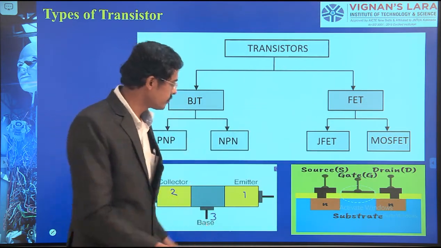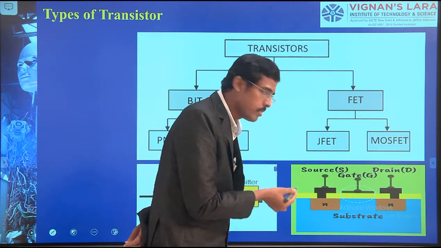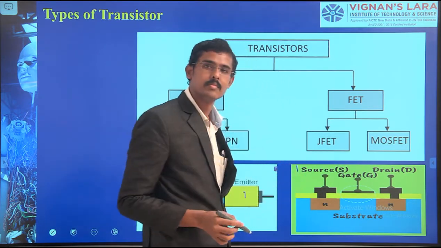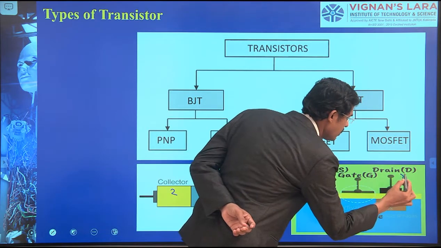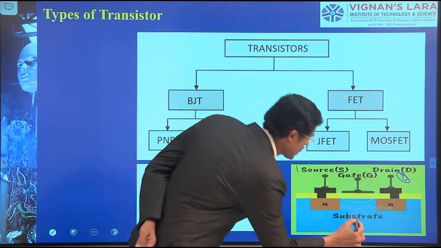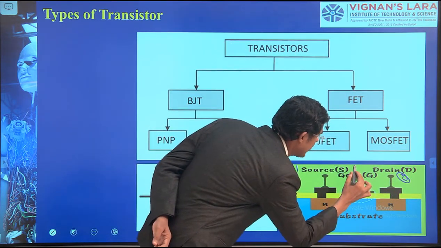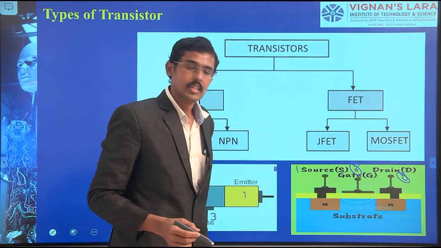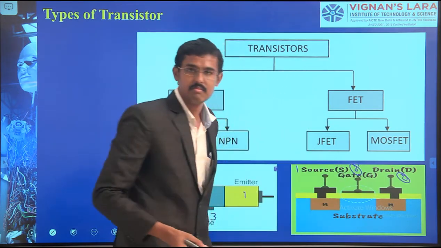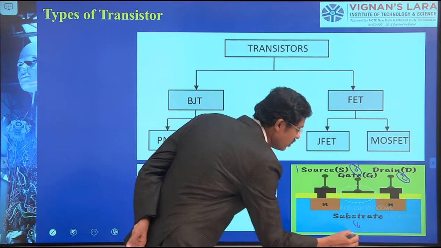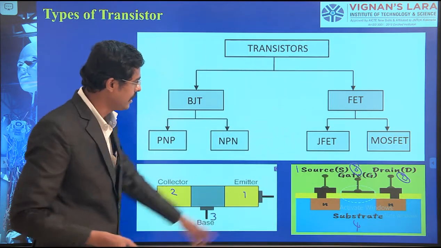So here I am naming it the source, the drain, the substrate, and the gate. The substrate is connected there. So here also we have four components, as we have there.